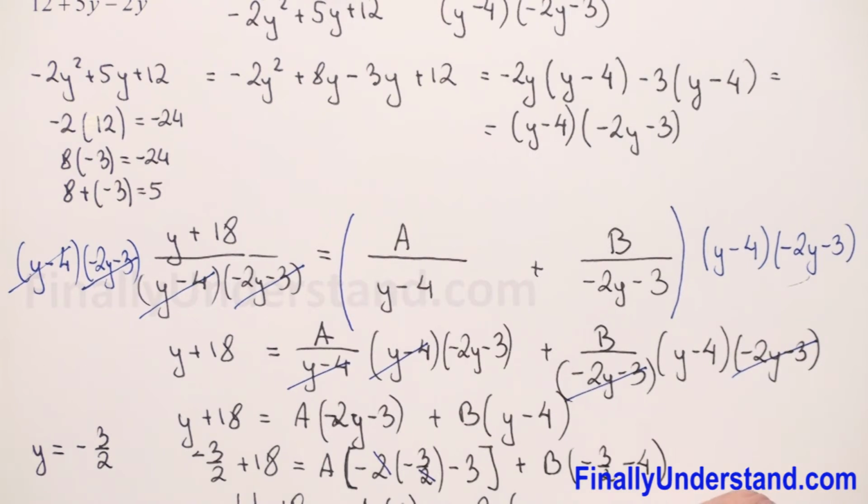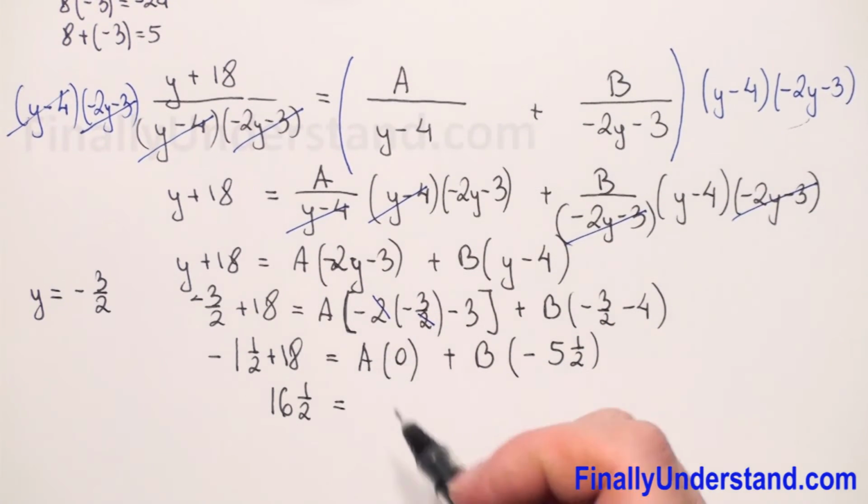Both numbers are negative, so it will be negative. 3 over 2 is 1 and 1/2, so 4 plus 1 and 1/2 is 5 and 1/2. Close parentheses. So negative 1 and 1/2 plus 18 is 16 and 1/2. This is equal to 8.